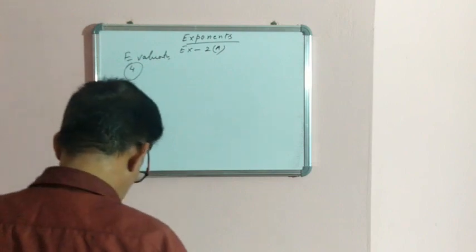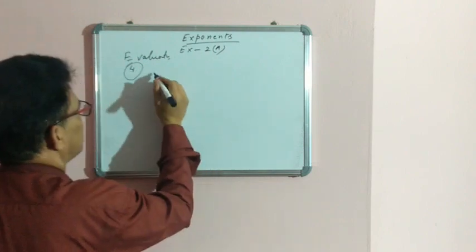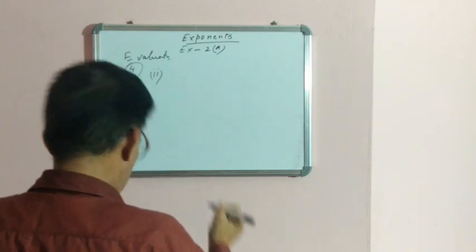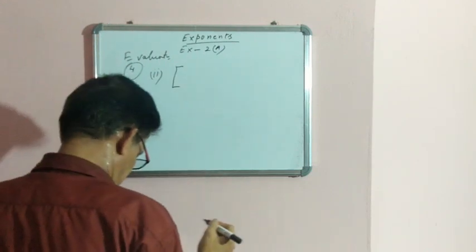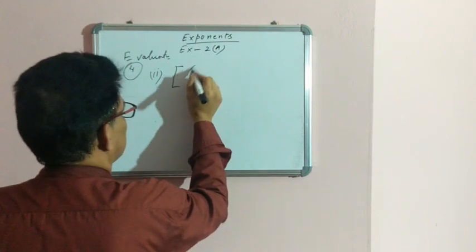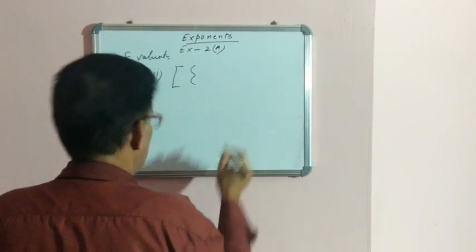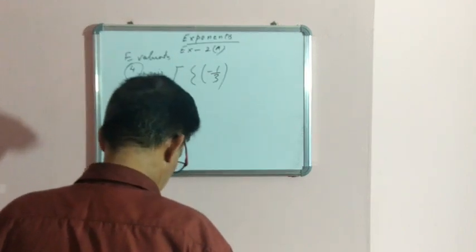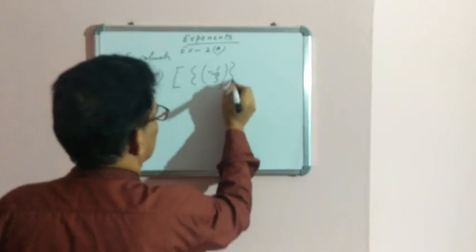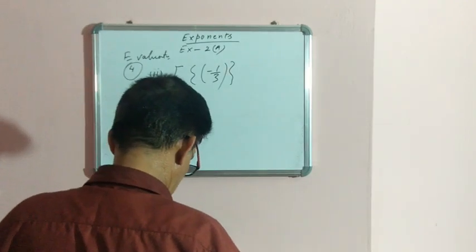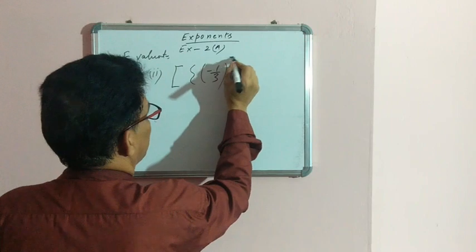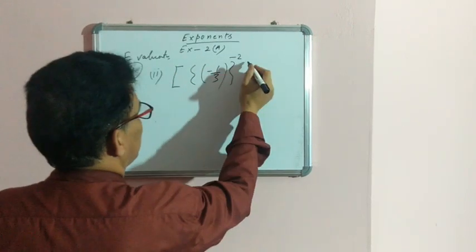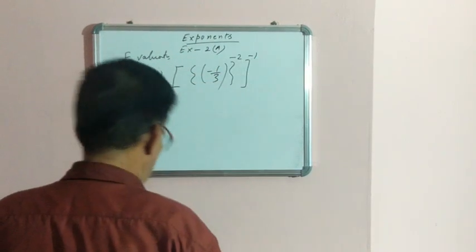The fourth question, second part I am taking: minus 1 by 3, then power minus 2, then whole power minus 1.